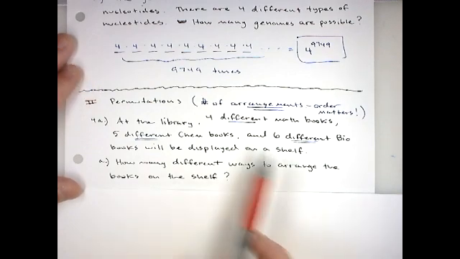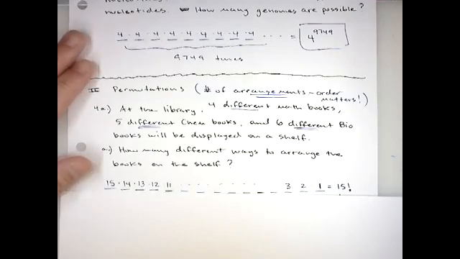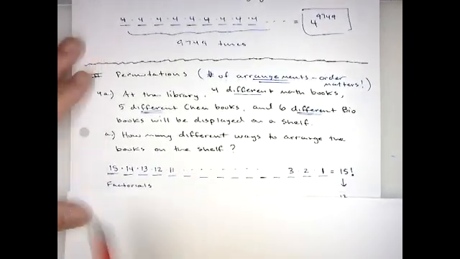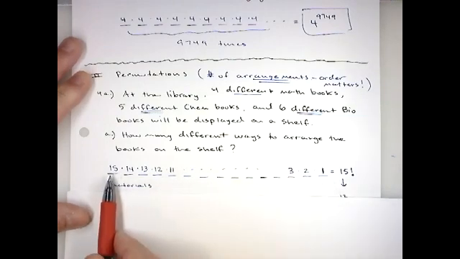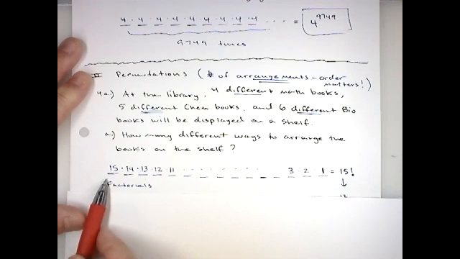Well, there are 15 books, right? So one way, thinking about the multiplication principle, is 15 slots, 1 for each book. Now on a bookshelf, the order is kind of implied. On a bookshelf, there's a left end and a right end. So let's think of this as the left end.